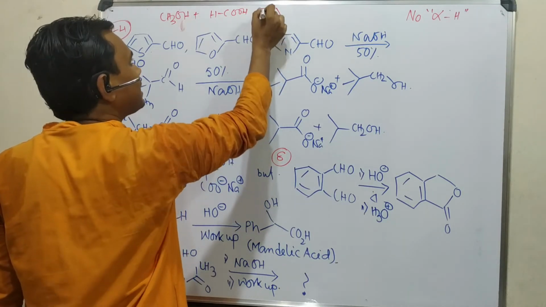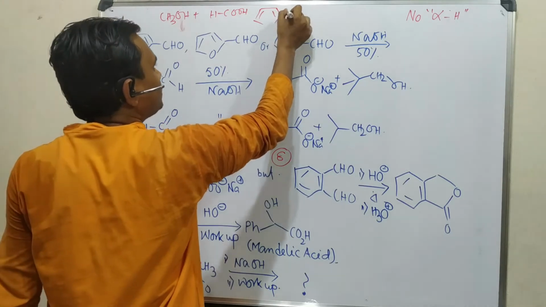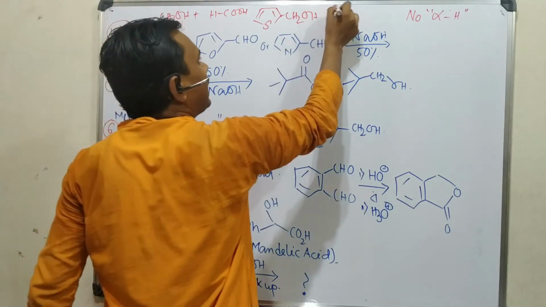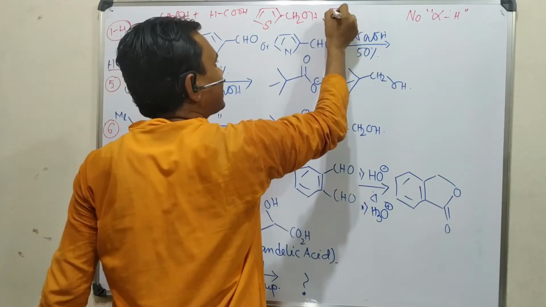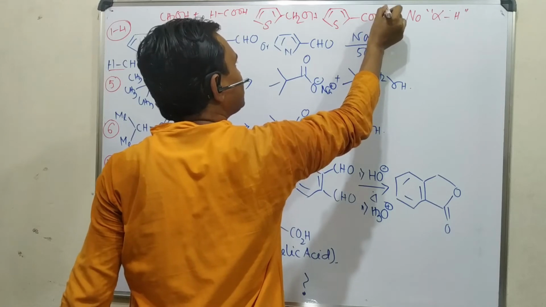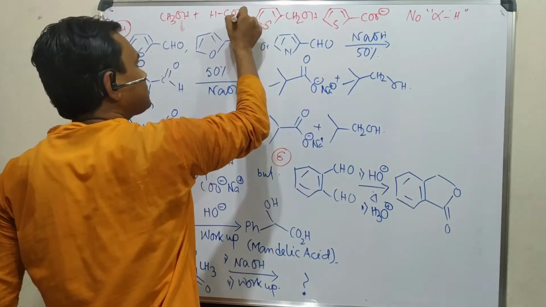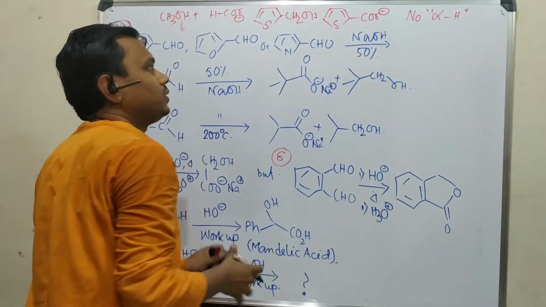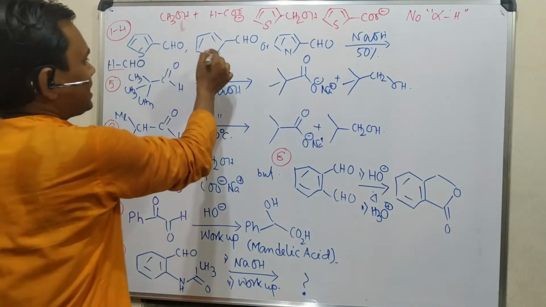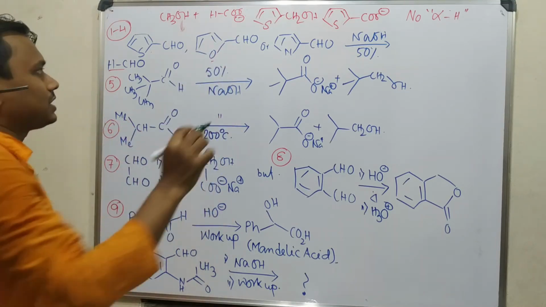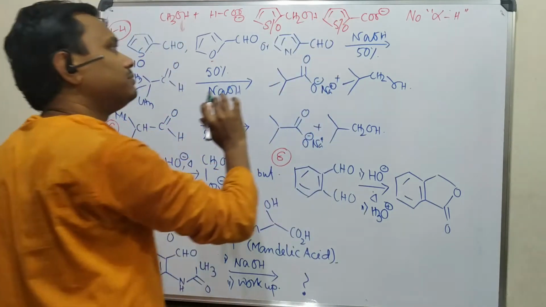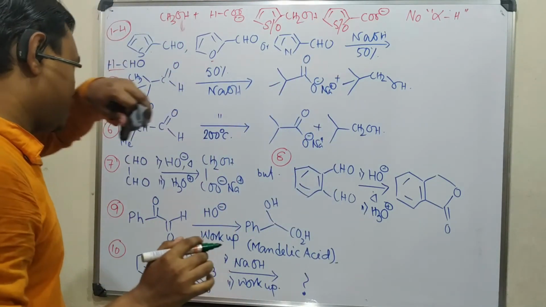This thiophene aldehyde also produces the alcohol, and another part is oxidized to the corresponding carboxylate, I should say carboxylate, that's better, because in the reaction medium it is alkali. And the interesting part is that furan also follows the same thing. So in the case of sulfur and oxygen both, oxidation and reduction are possible, the Cannizzaro reaction.